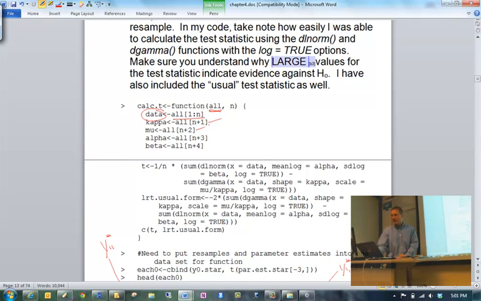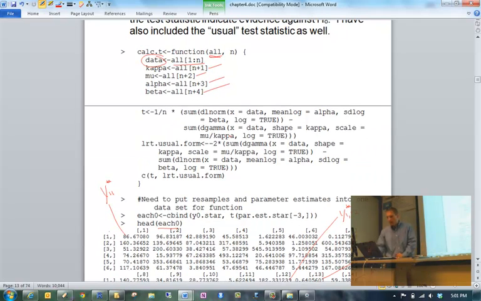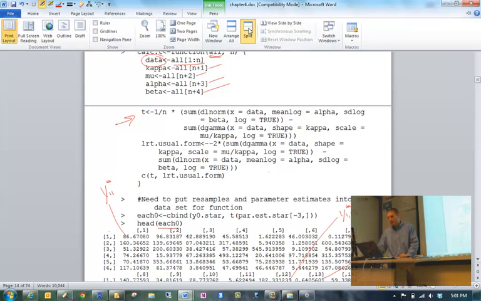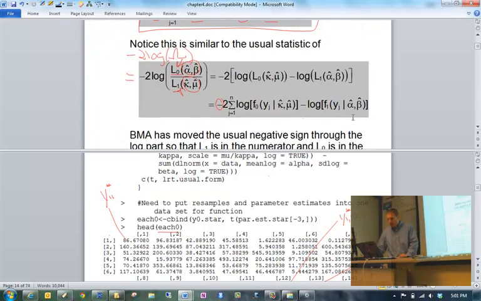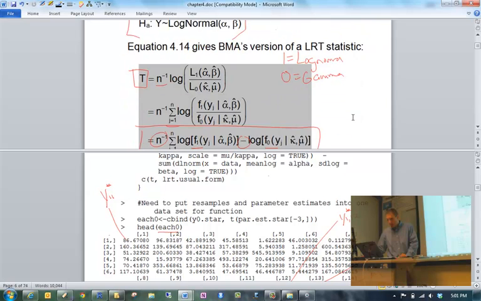I pull out kappa, mu, alpha, and beta, in other words the kappa hat stars and mu hat stars, corresponding to their column. Of course, remember, the apply function just throws in one row at a time, so that's why I don't need to specify particular row numbers. And then I calculate my test statistic finally. Just as a reminder, here's what the test statistic looked like about 10 pages prior. Right there.